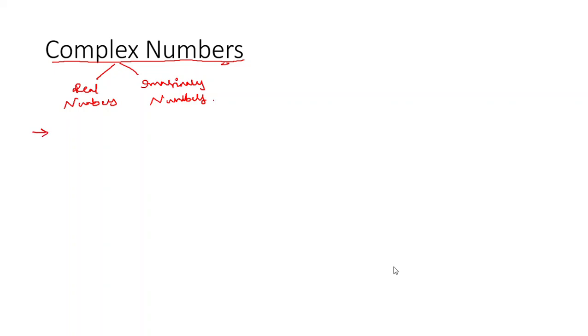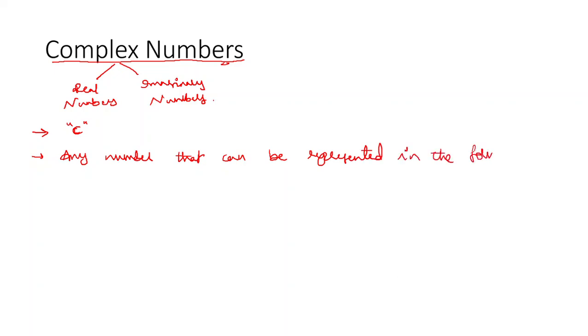This complex number set is denoted by the letter C. So what is a complex number? A complex number is any number that can be represented in the form a plus ib, where i is iota.